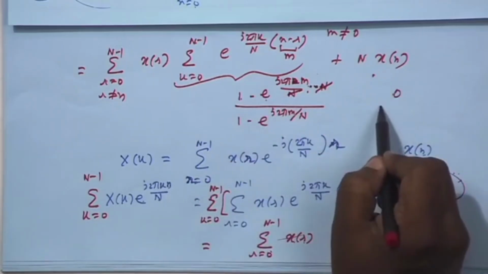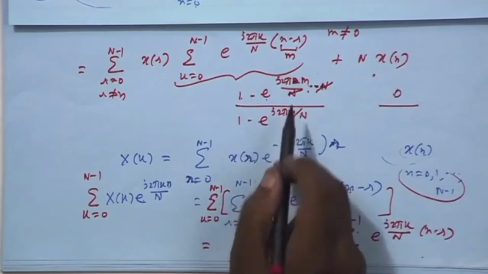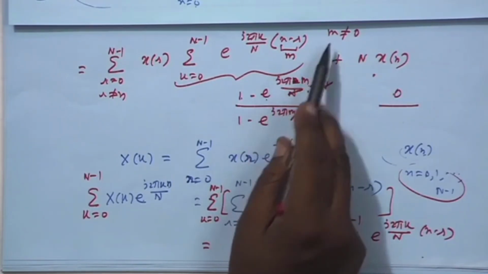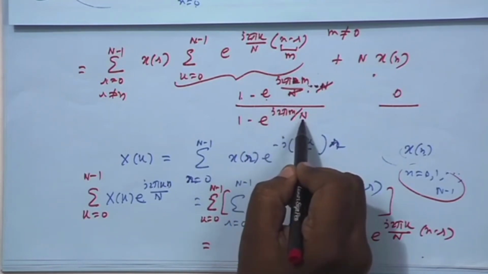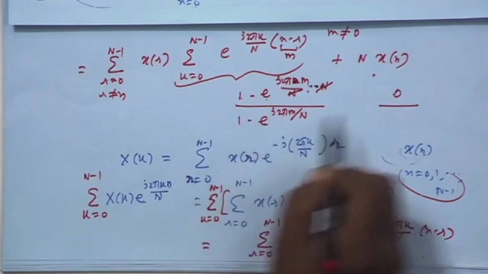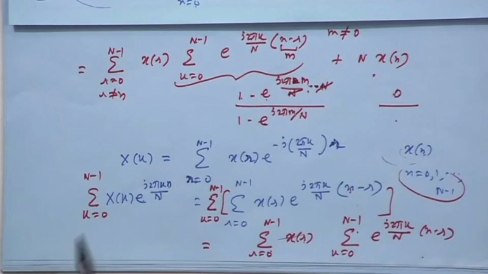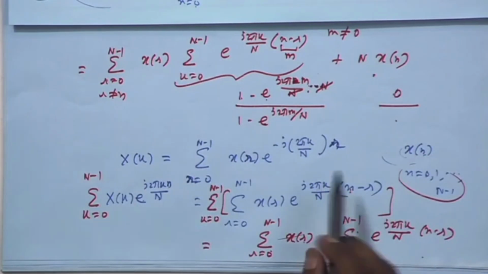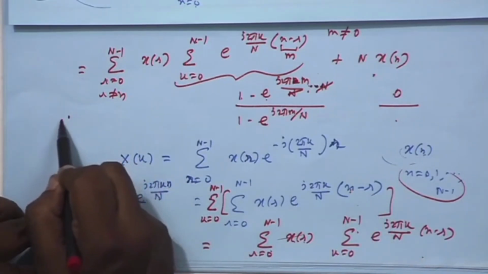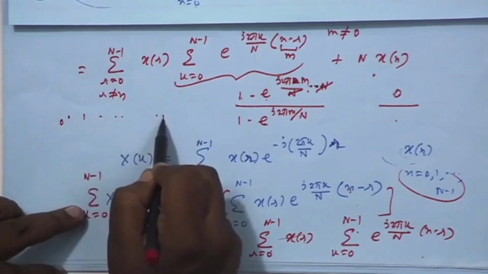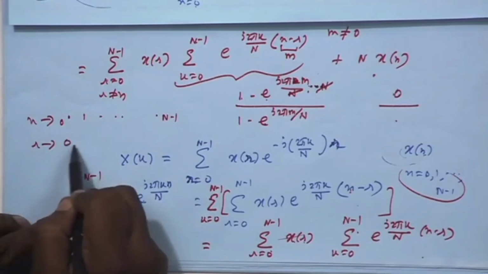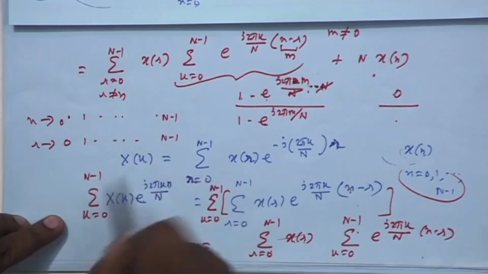So the numerator is 0, but the denominator, small m by capital N, is neither 0, and small m cannot be equal to capital N. If it were capital N, then again e to the power j 2 pi is 1, 1 minus 1 is 0, and it would be 0 by 0, but that cannot happen. Why? Because small m was n minus r. n is varying from 0, 1 up to capital N minus 1, and r is also varying from 0, 1 up to capital N minus 1.